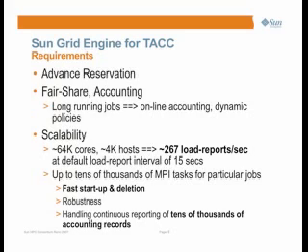And then there are actually up to tens of thousands of MPI tasks for a particular job. So what you need here is fast startup, fast deletion. Of course, it needs to be robust. And you have to be able to handle the continuous reporting of tens of thousands of accounting records. So that alone is, again, a huge scalability requirement.